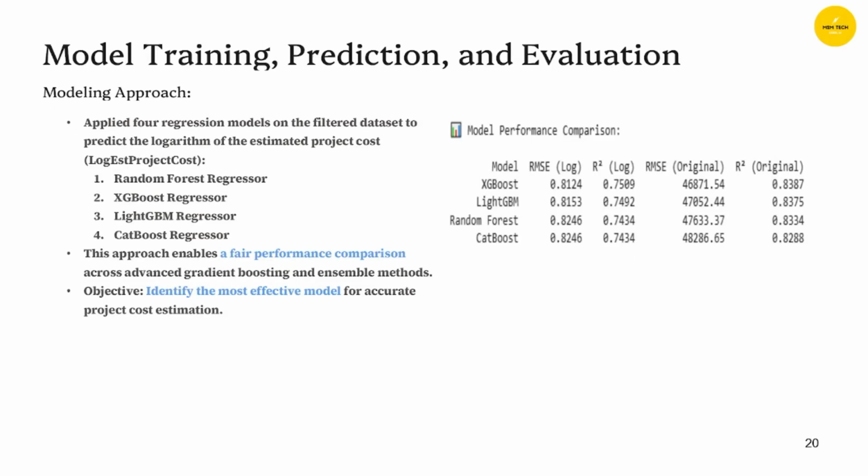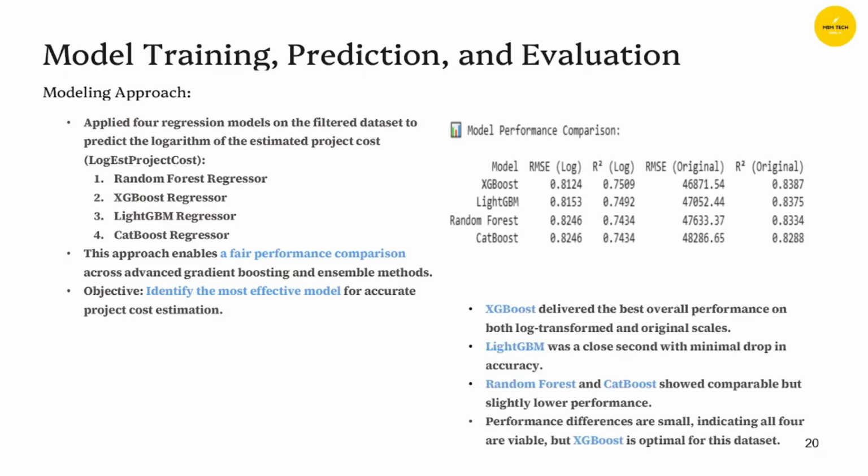Now coming to the model training. Here I have used several models initially to check which works better. I have checked XGBoost, LightGBM, Random Forest, and CatBoost. From the result, it is visible that XGBoost delivered the best overall performance on both log transform and original scales.